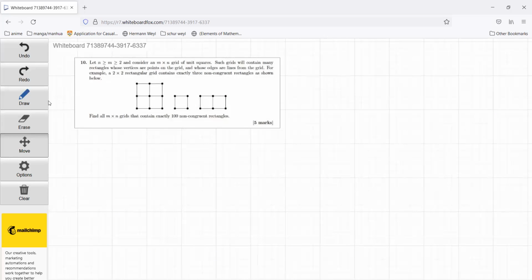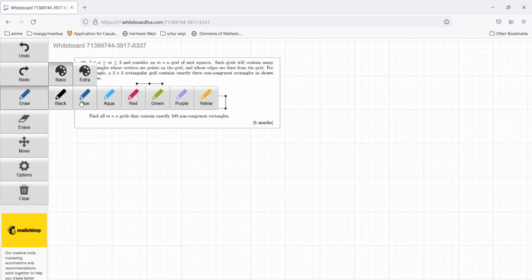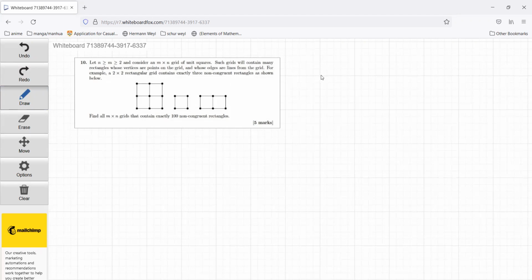So let's consider an arbitrary rectangle of size m by n. Just imagine the grids as the lines. Now let's consider what the congruent rectangles are.